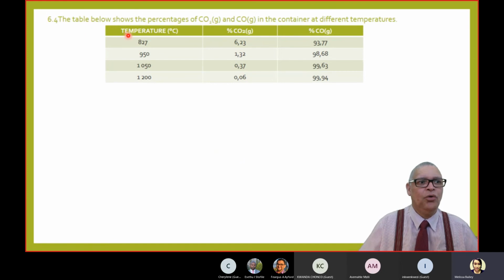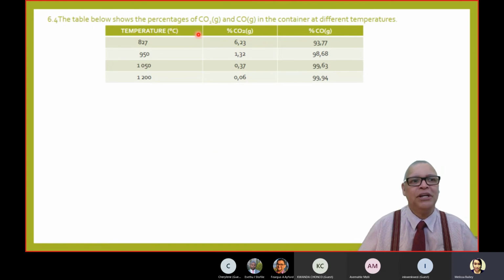The table below shows the percentages of carbon dioxide gas and carbon monoxide gas in the container at different temperatures. Notice the temperatures that are given here. We have 827 degrees Celsius, 950 degrees Celsius, 1050 degrees Celsius, 1200 degrees Celsius. Notice the temperature has increased.